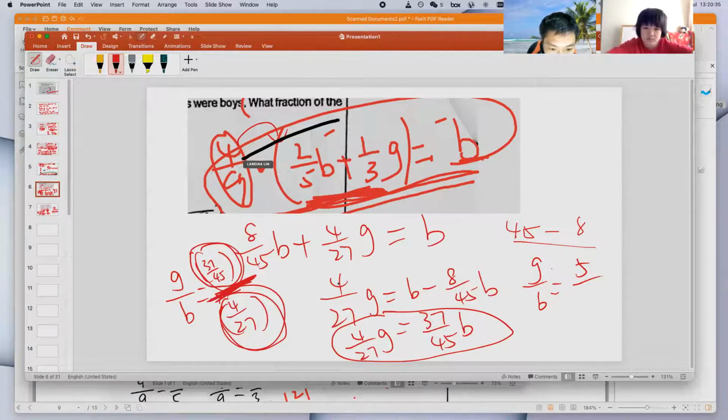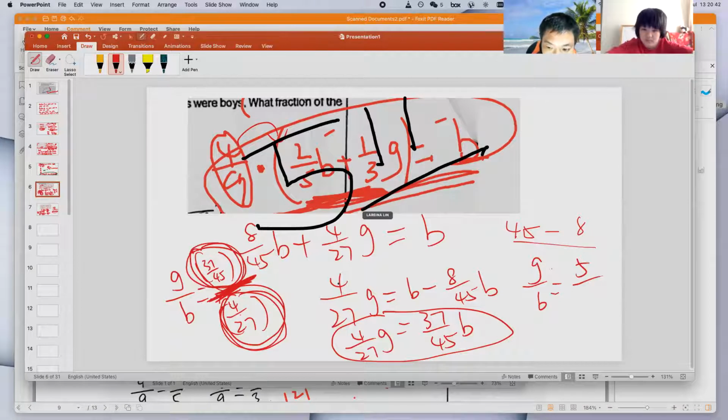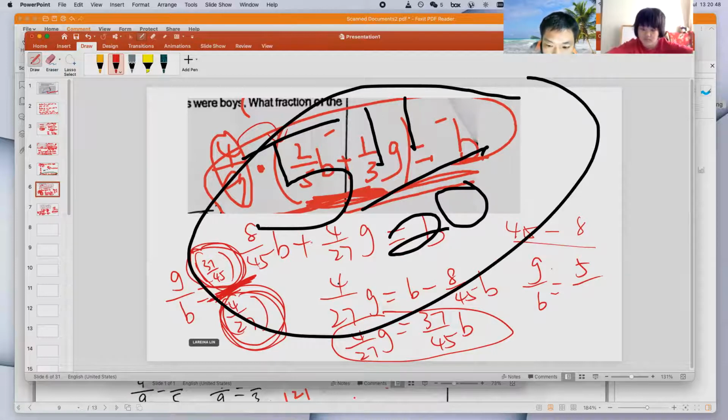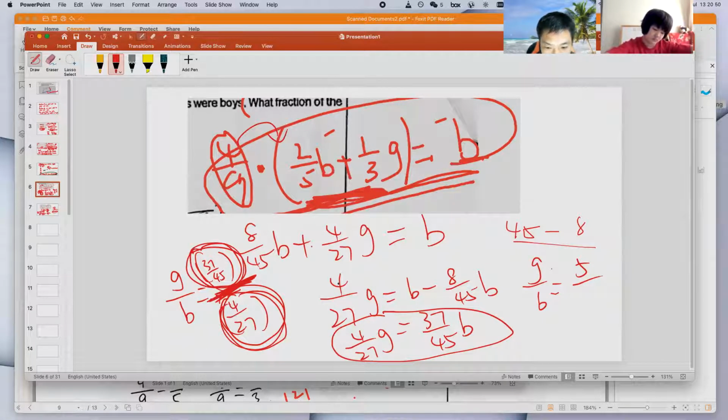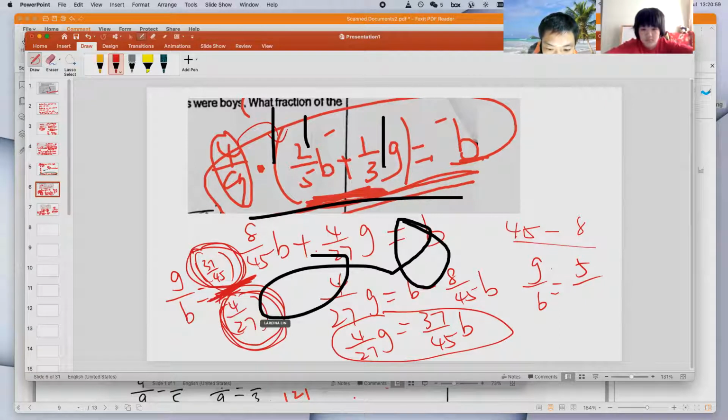You know what I'm asking or not? This one over this one is equal to... give me the mixed number. 111 over 20.